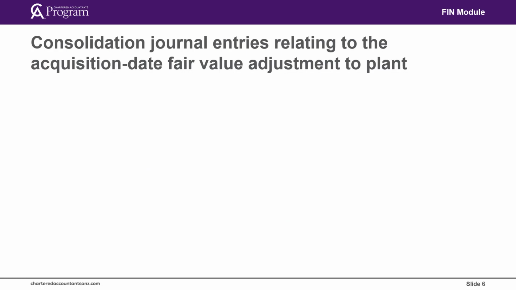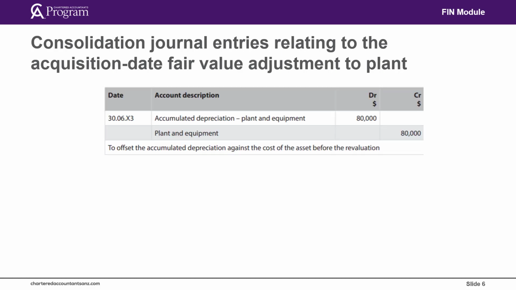Moving on to the entries relating to the plant and equipment. In the goodwill calculation, we saw that there was a fair value adjustment required for plant and equipment which the subsidiary didn't record in its general ledger. First, we offset the $80,000 in accumulated depreciation at the acquisition date of 1 April 20x2 against the cost of the plant and equipment.